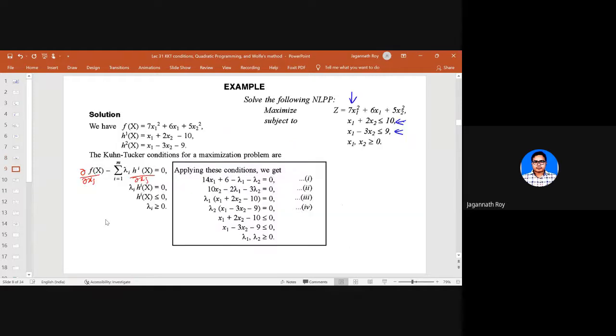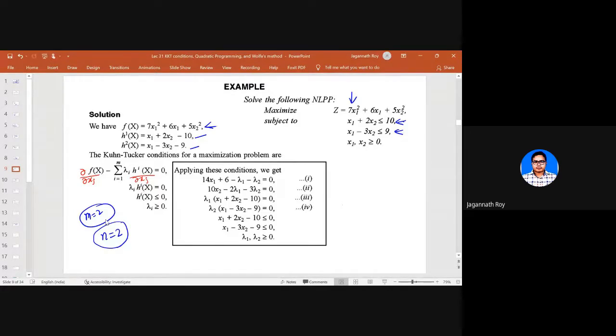So f(x) is this one. f of x is this function, and then h1(x) and h2(x) are these. So m equals 2 here, and n equals 2 also.